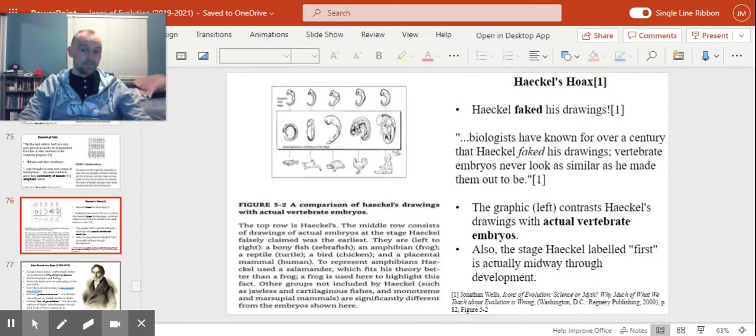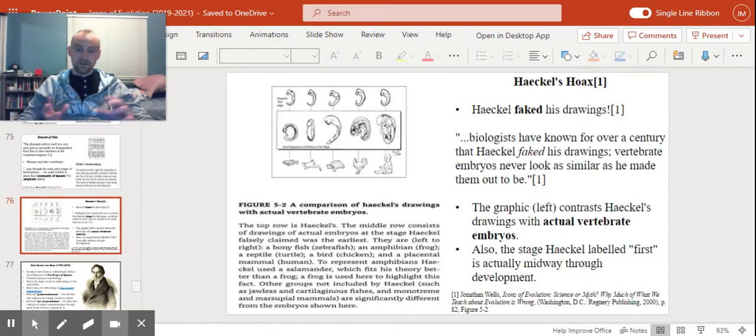Now, here's the problem. Haeckel's drawings were, and this is not a conspiracy theory of a tinfoil hat wearing person, a known fact in the history of science, a hoax. They were faked. We don't really know his motives fully, and we don't have to, because this is not the accurate state of what embryos look like at their earliest stages.